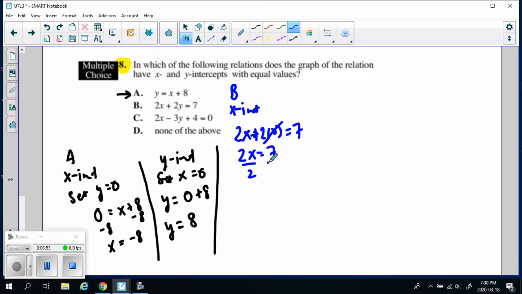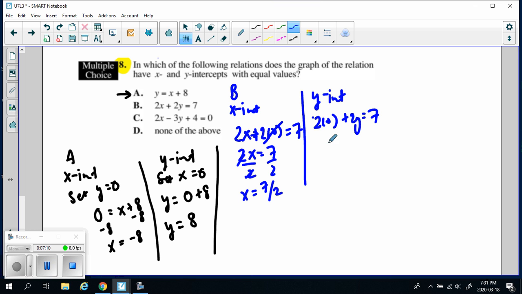Divide by 2, and x is 7 halves. And if you calculate the y-intercept, then we can see that 2 times 0 knocks out, so 2y is equal to 7, divided by 2, divided by 2, and y is equal to 7 halves.